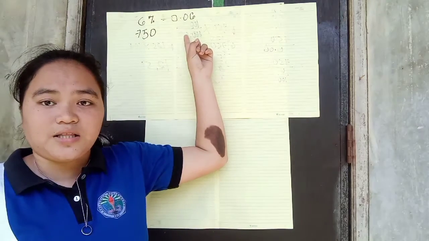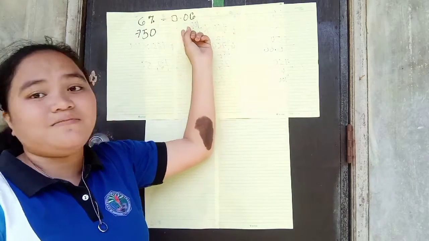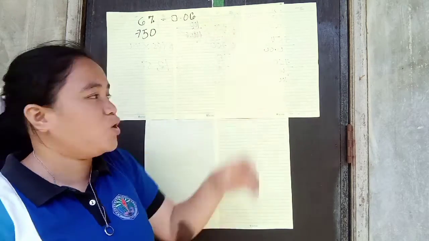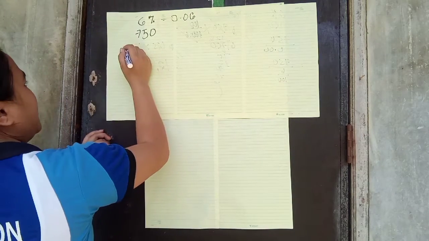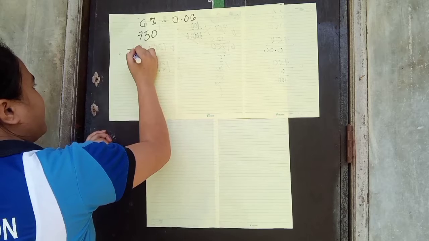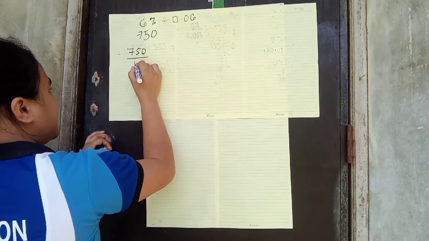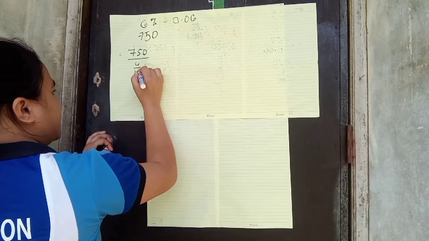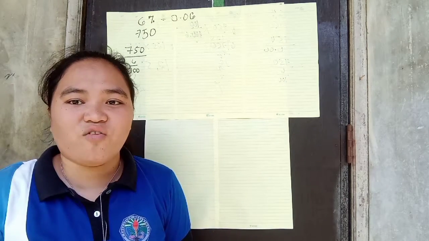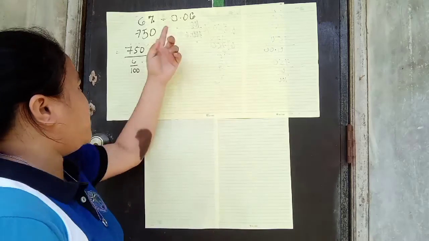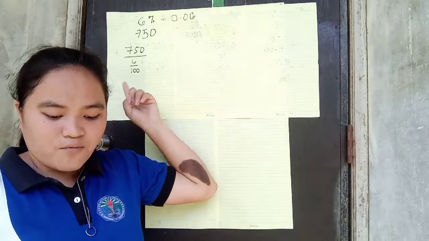After converting the percent into decimal point, we will be converting the decimal point into fraction. Now, let's proceed. Okay, this is what will be going. 750 divide 6 over 100. Bakit siya naging 6 over 100? Kasi po, yung decimal point is, kinonvert na po natin siya into fraction.